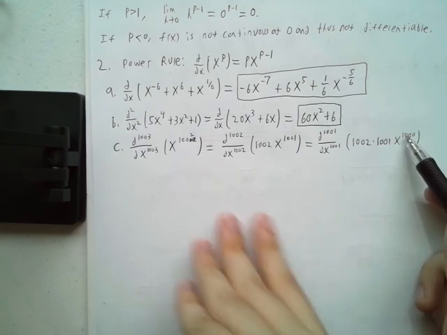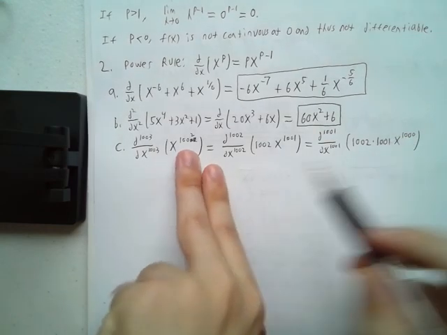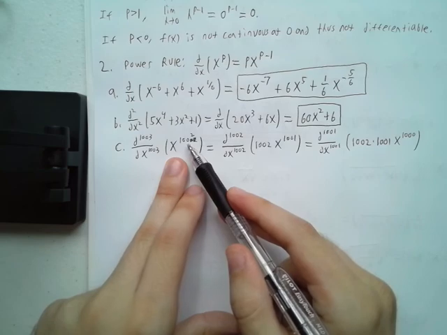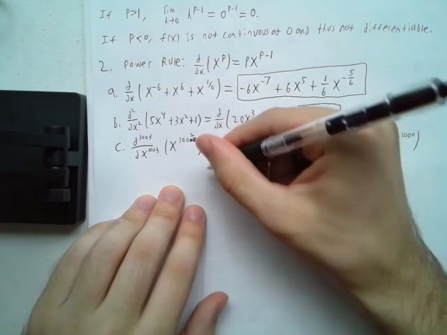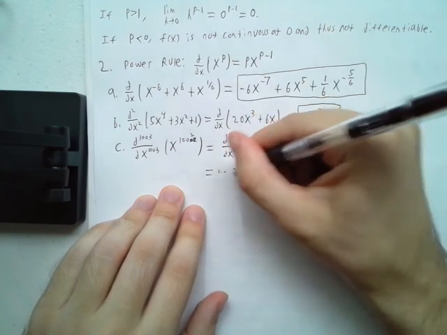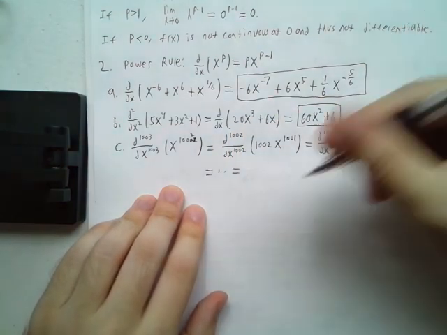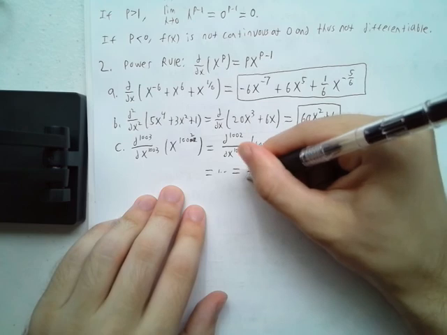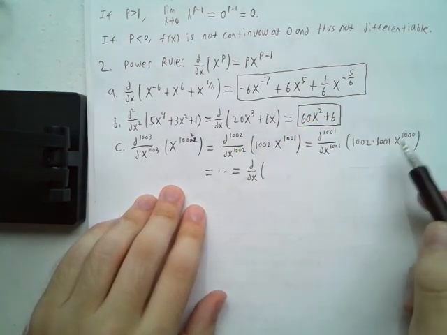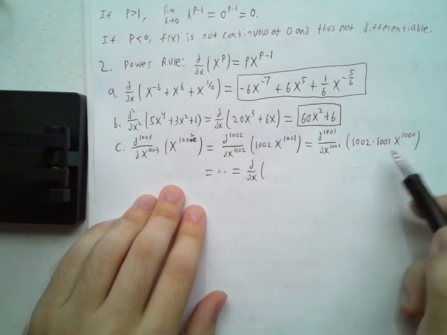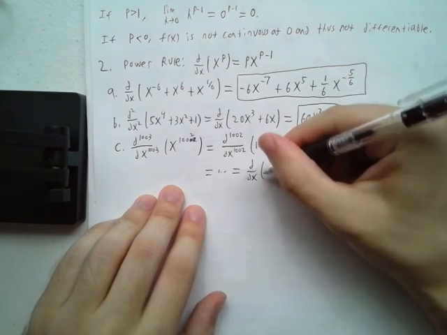So if we do this 1002 times, then we decrease this exponent of the original function all the way down to 0. So after taking a lot more derivatives, we'll eventually get it to having one derivative left over, and we've gotten rid of all the powers of x, brought all the constants down out front.